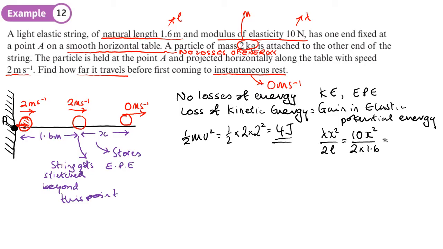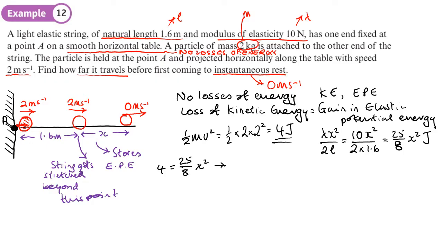So if we work that out, 10 divided by 3.2, we get 25 over 8 x squared, and that's joules, so we can make those equal to each other. So 4 equals 25 over 8 x squared.